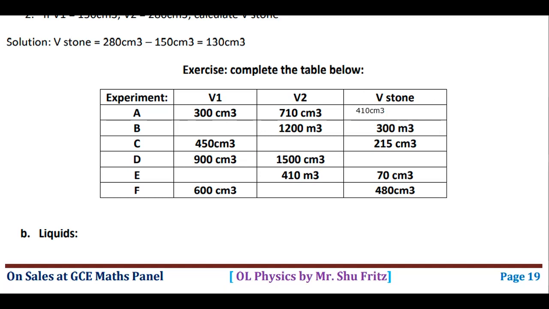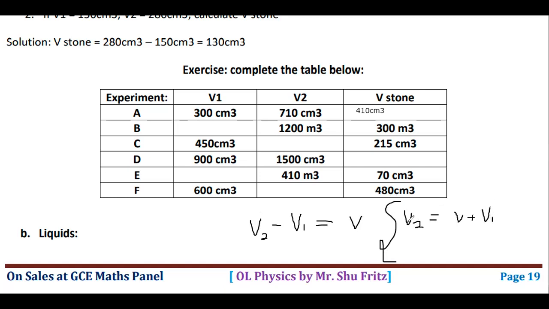Now for this one we are looking for V1. First of all, start by making something the subject of the formula. We know that V2 minus V1 is equal to V stone. Let me just call it V. If you are looking for V2, you can make it the subject: V2 is equal to V plus V1.